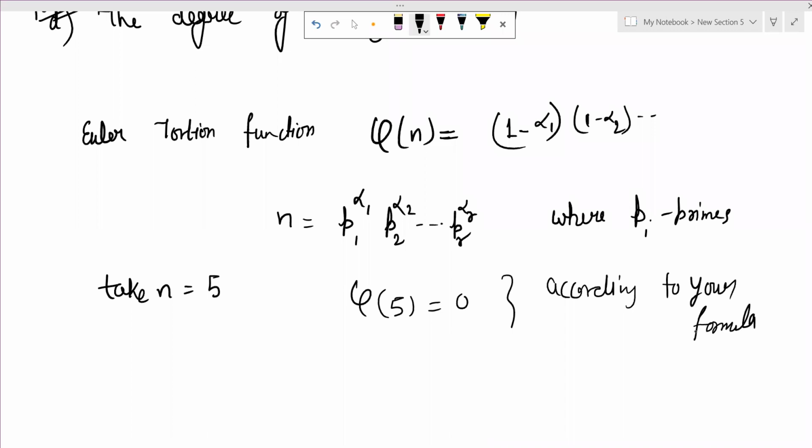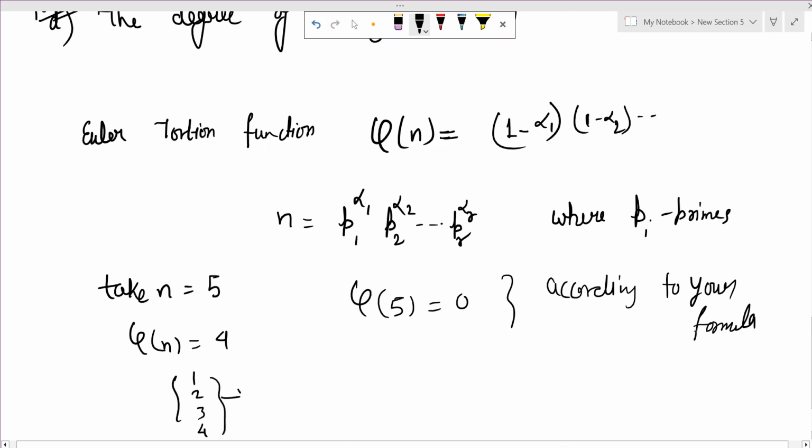But phi n denotes the number of integers greater than or equal to 1 and strictly less than n which are co-prime to n. So phi 5 should be 4. Basically these numbers are 1, 2, 3, 4, which are relatively co-prime to 5.